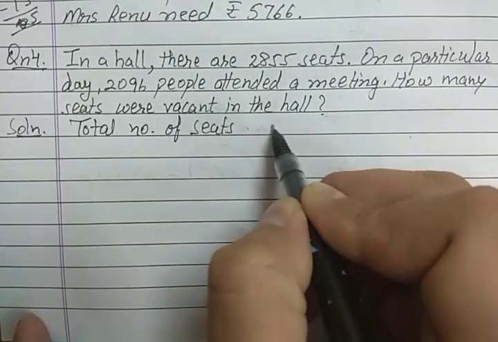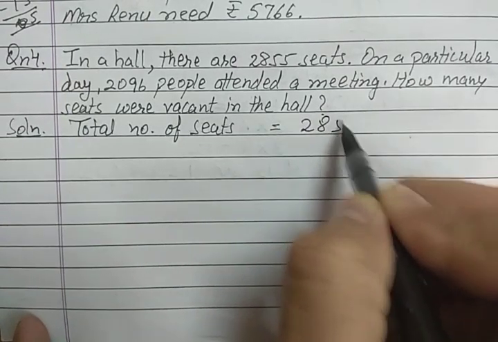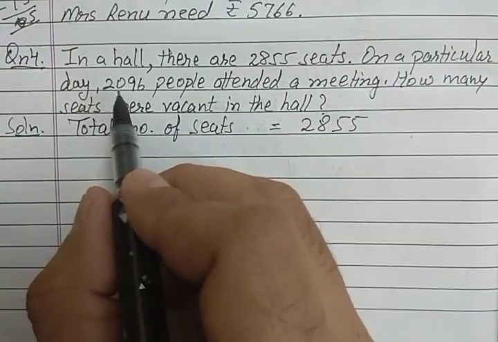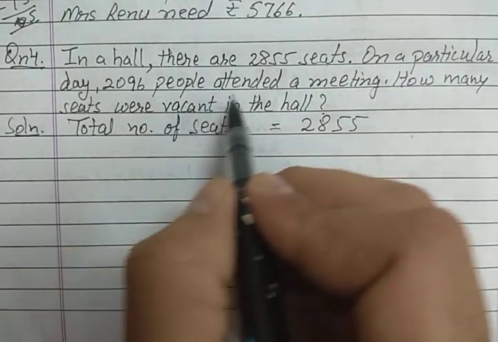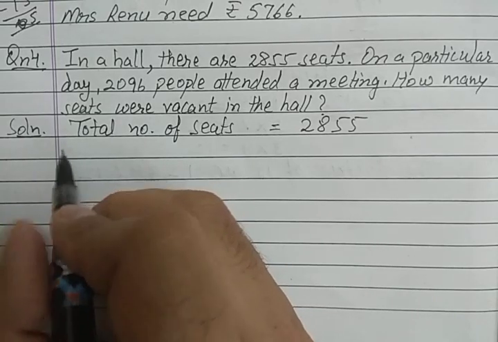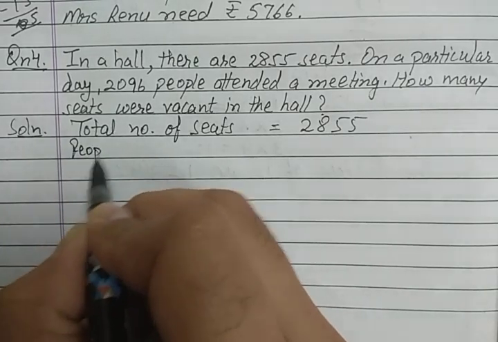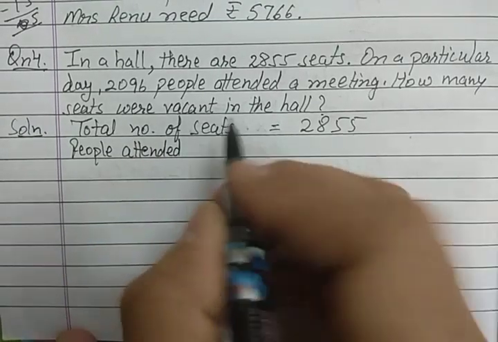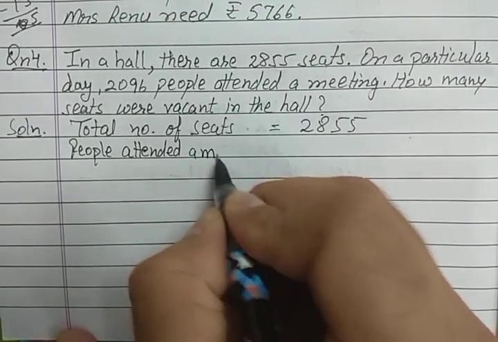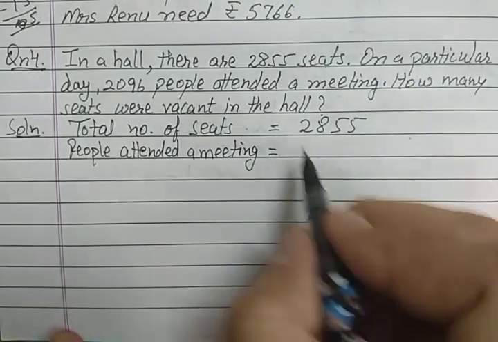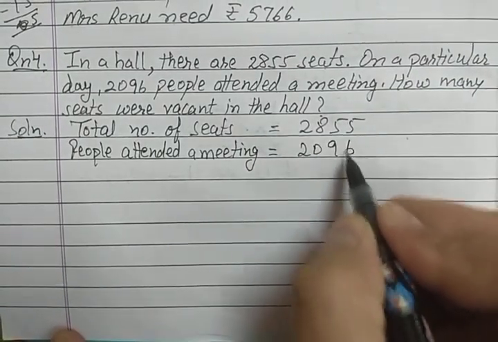So the total number of seats are 2855. Now what else is given? 2096. This is the people attended a meeting. So we'll write here people attended a meeting, that is 2096.